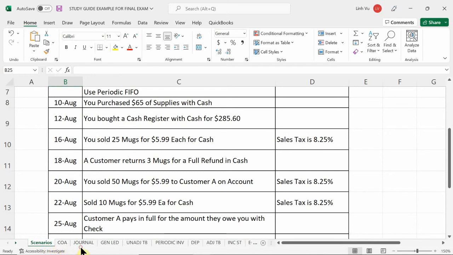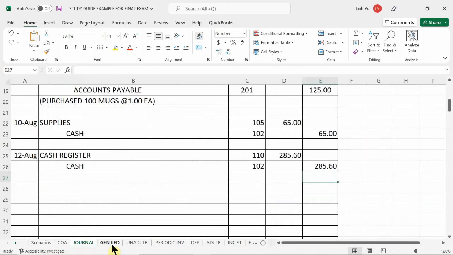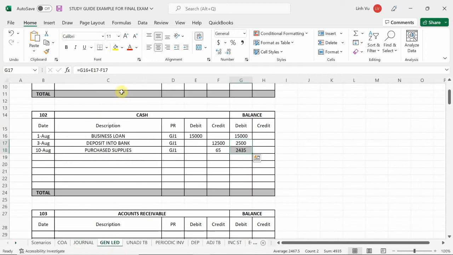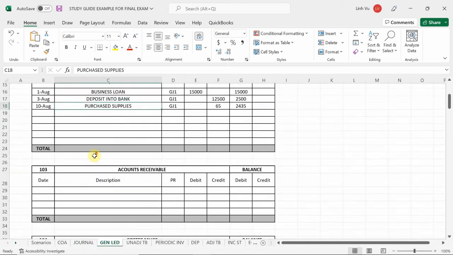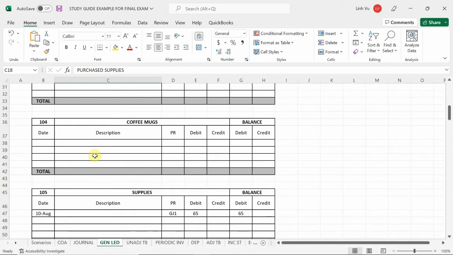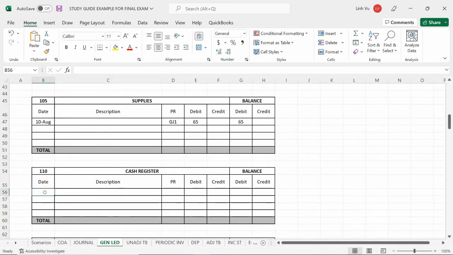Okay. Now in this case, same thing as the previous one. There's really no description. We're going to say you purchased a cash register. It's already obvious. So in this case, I have to go to my ledger now. Here we go, here's my cash register.